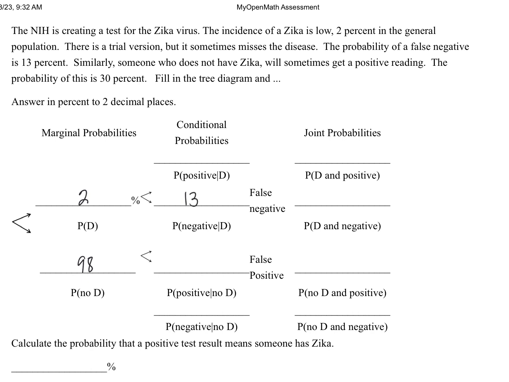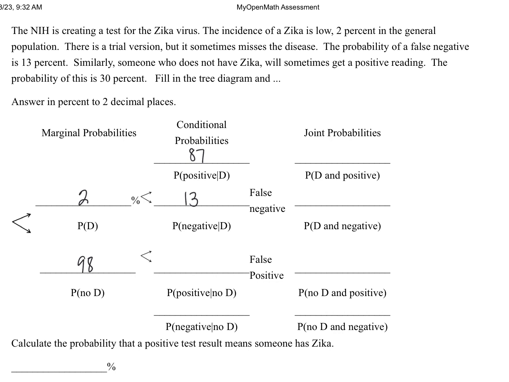So that means it's telling them it's negative, but that's false, is 13%. So remember that these two have to add up to 100. So 100 minus 13 is 87. So out of 100 people who have the disease, 87 will get the positive and 13 will get the negative, but they all have the disease.